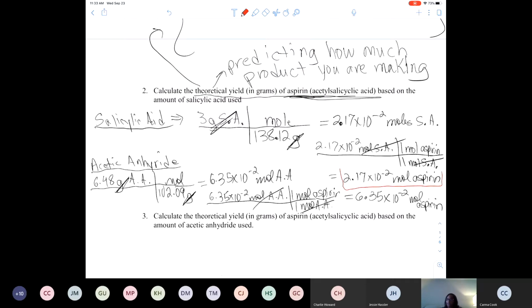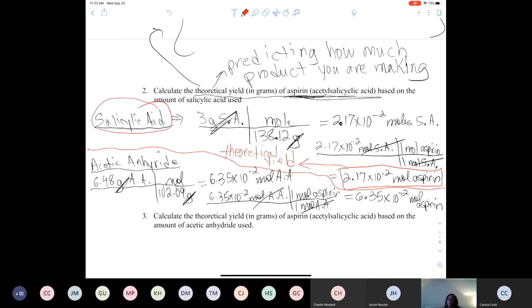The smallest of the two values will always be your theoretical yield. So our theoretical yield is going to be based on the amount of salicylic acid that we use.